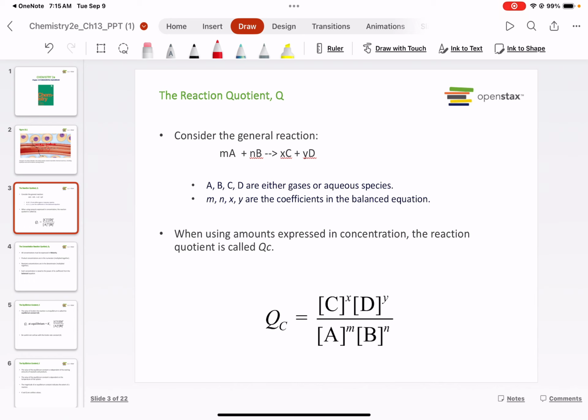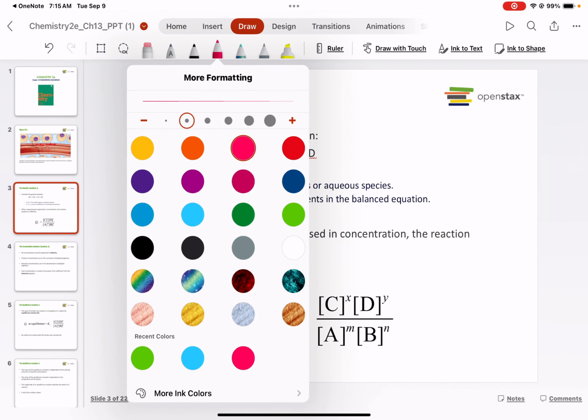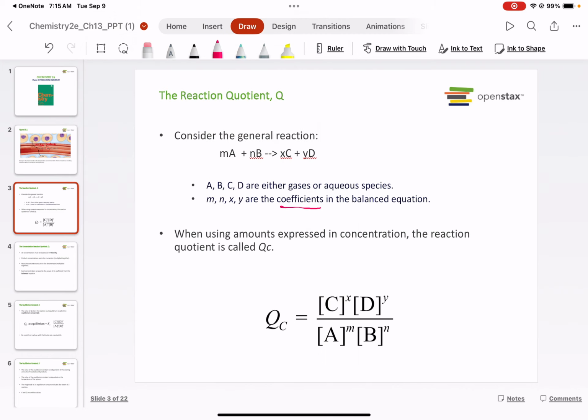Okay, the products are C and D. So those are the coefficients, and those are reactants and products. We're going to focus on either gases or aqueous species. Species means molecules or compounds.